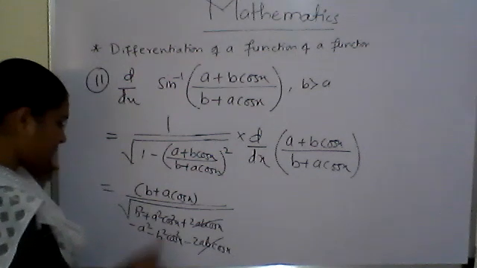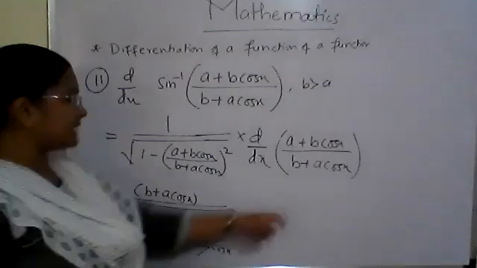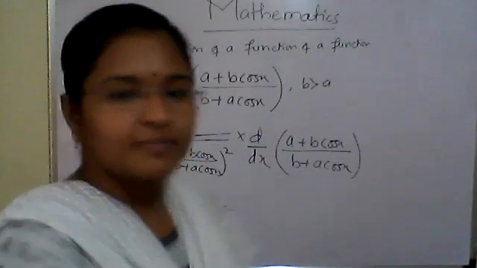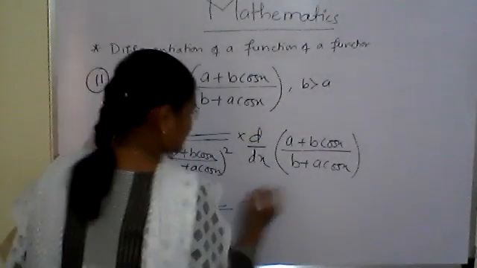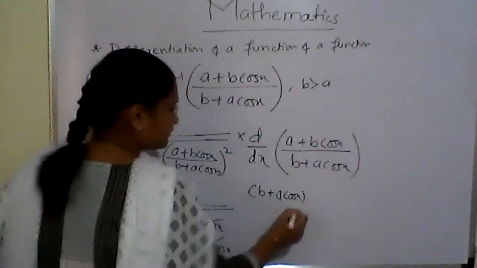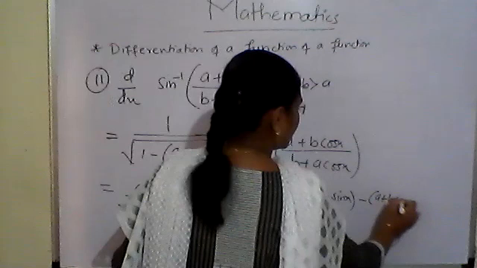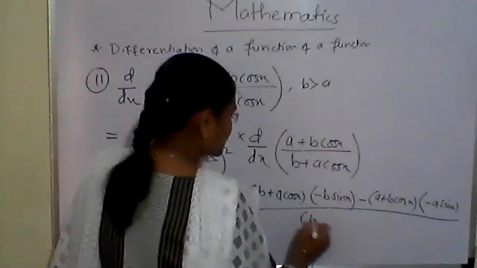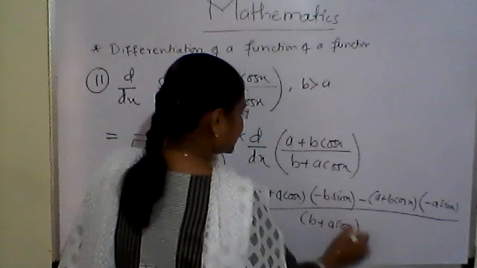We can take common. So, and here what is the derivative of this function? What is the derivative? Have you solved? So this will be second function constant b plus a cos x, derivative of first function is minus b sin x, minus first function constant a plus b cos x into derivative of second function minus a sin x, divided by b plus a cos x its square.